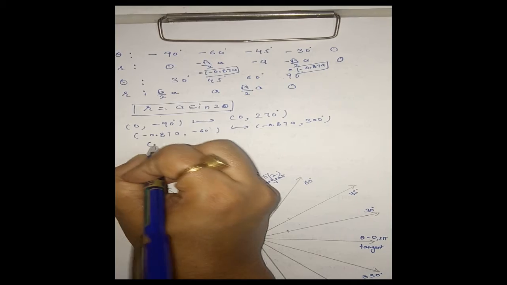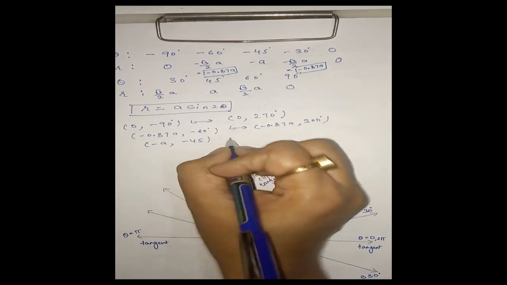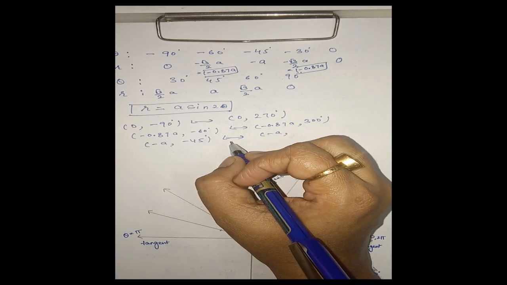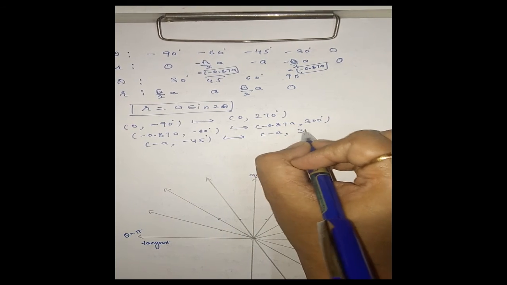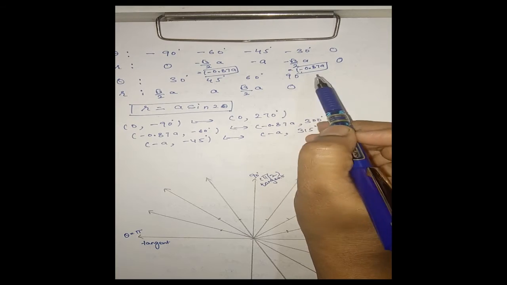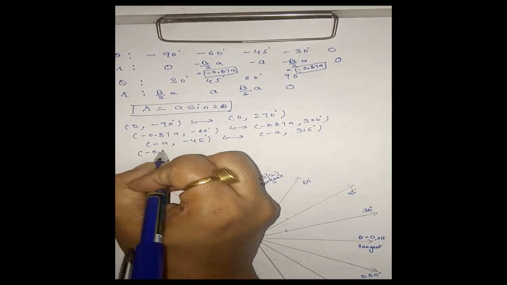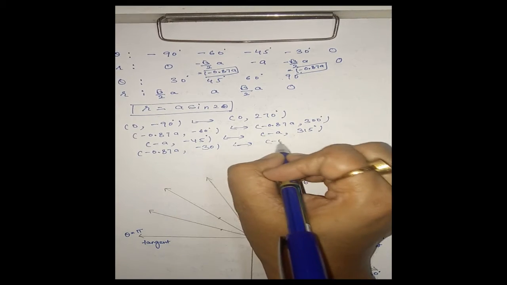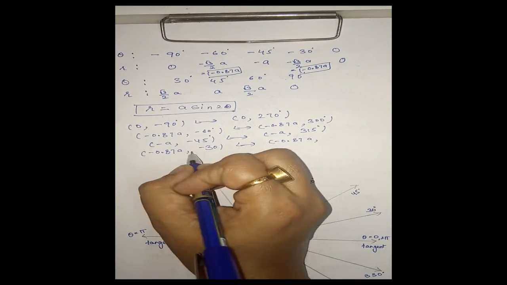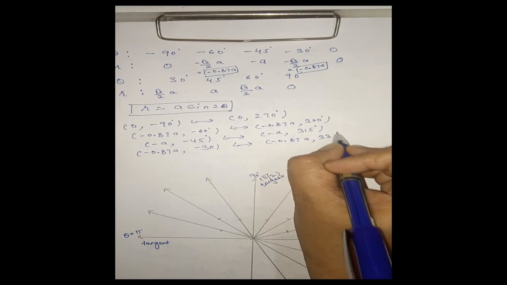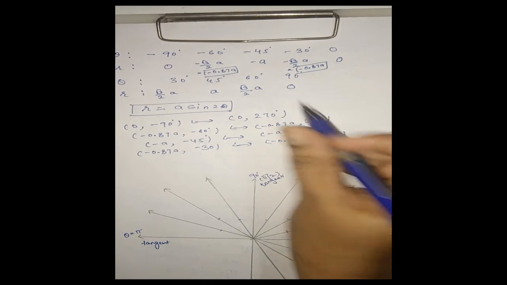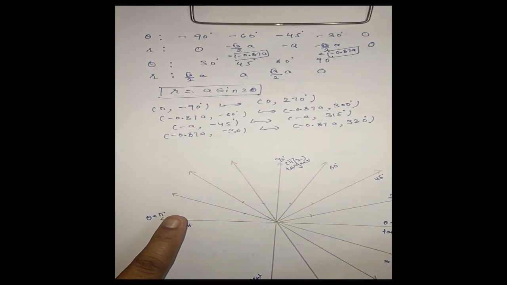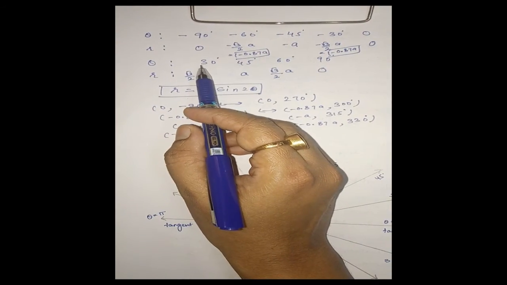Minus a at minus 45 is the same as minus a at minus 45 plus 360, that is 315 degrees. Minus 0.87a at minus 30 is the same as minus 0.87a at 330 degrees. The rest are all positive. The value of r is positive at all other values of theta.